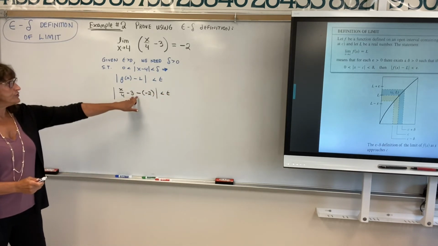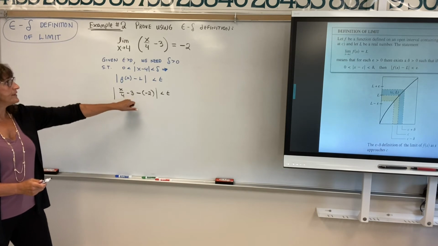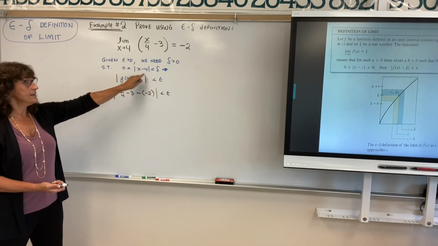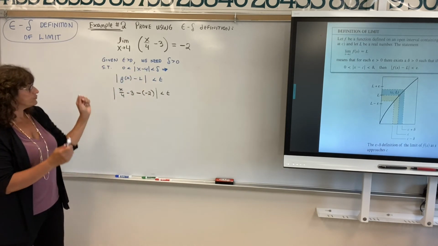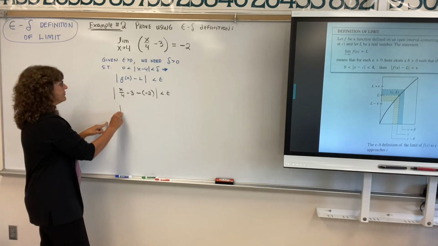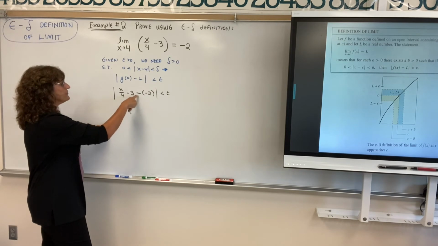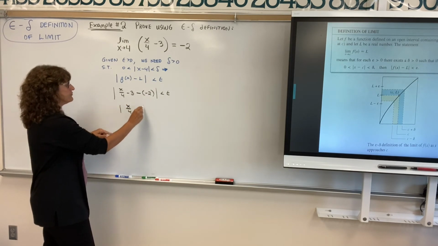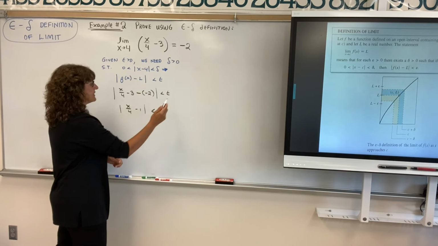And then we're going to do some algebraic maneuvers in here to make this look like x minus 4. So just working backwards, doing the work to get our delta, let's go ahead and do the arithmetic here. We have x over 4 minus 3 minus a negative 2, so it's a negative 1, less than epsilon.